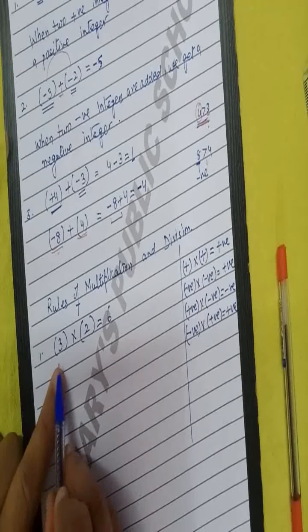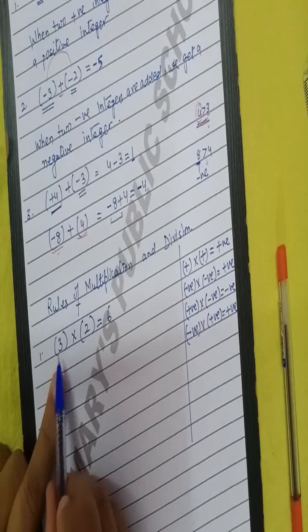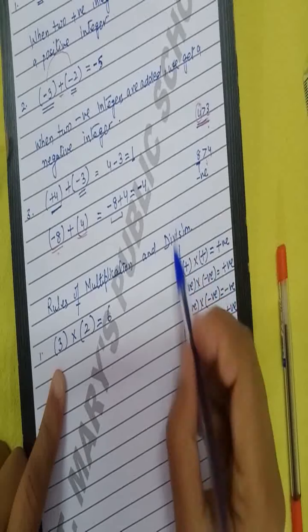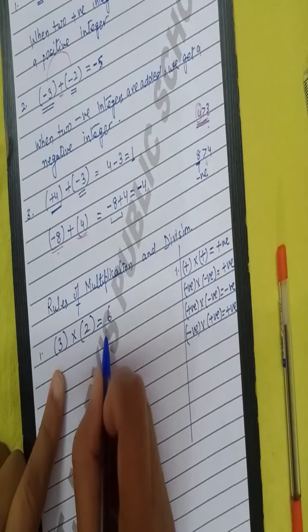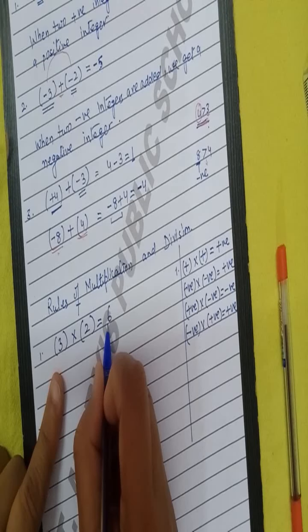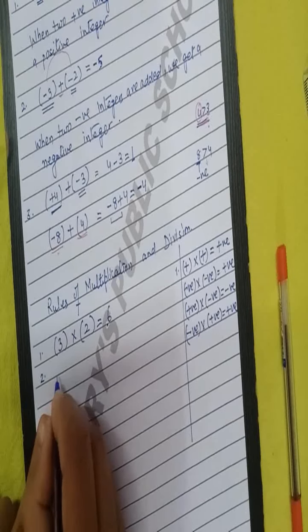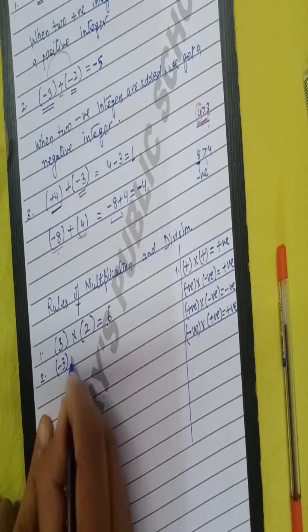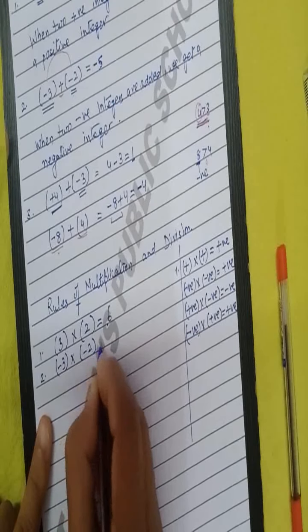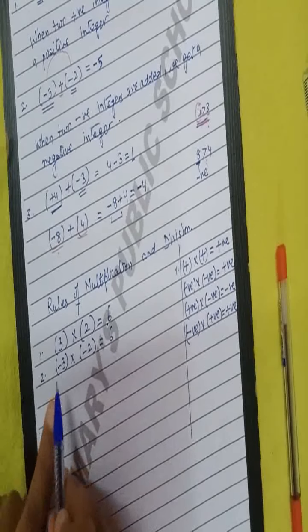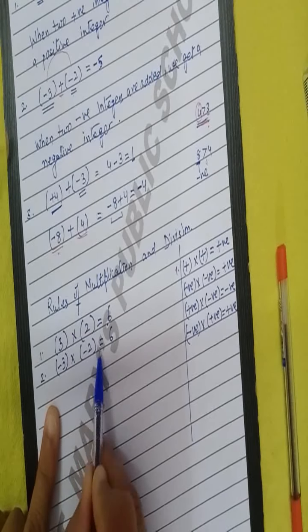Here in this question both integers are positive, so as per rule number 1, our product will also be positive. Same for the second rule: minus 3 into minus 2 gives the answer 6, because negative into negative is positive.